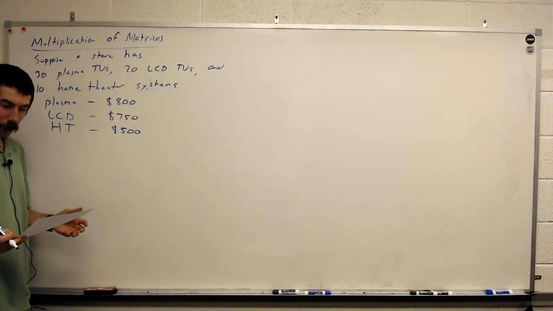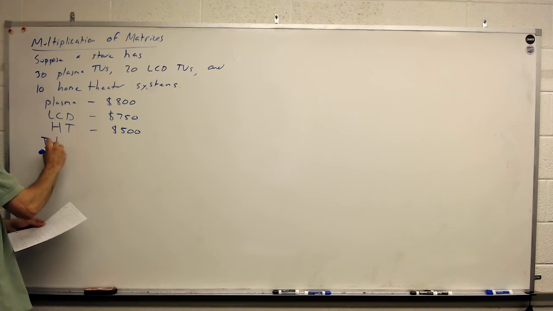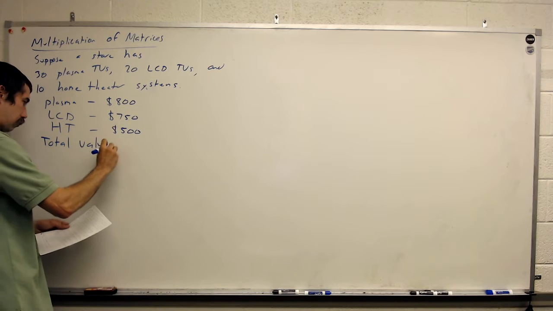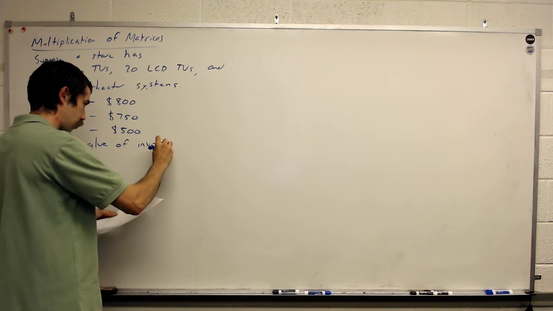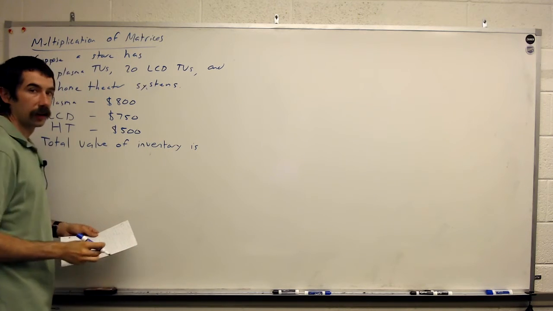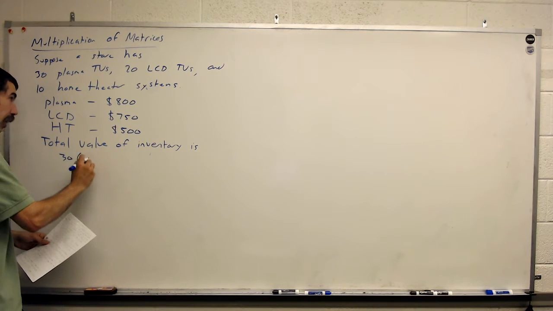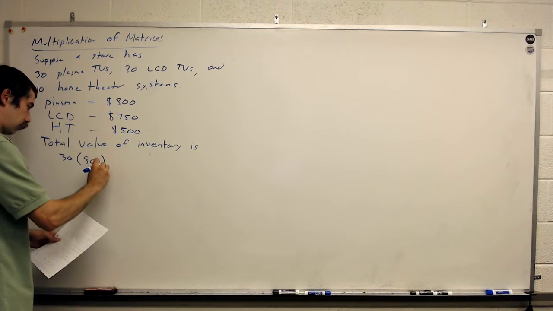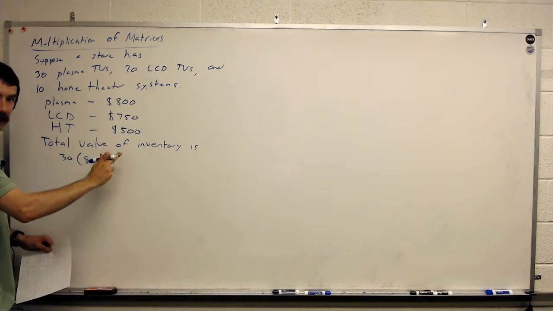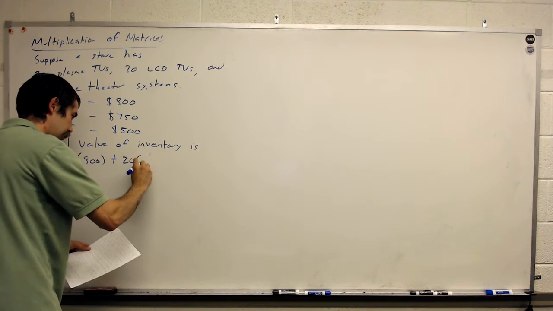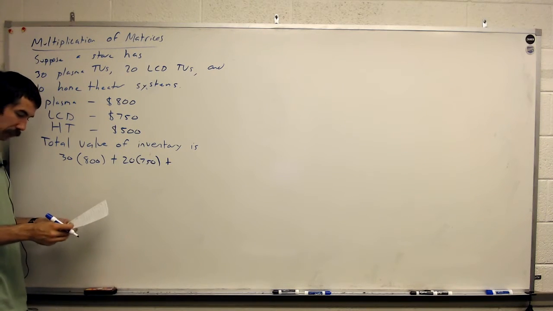All right, and so the total value of the inventory is, well, it's 30 times 800 plus 20 times 750 plus 10 times 500.